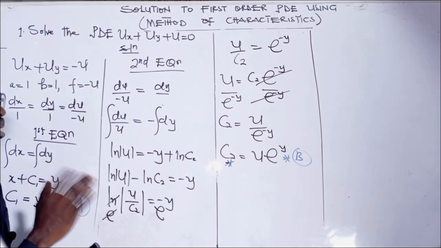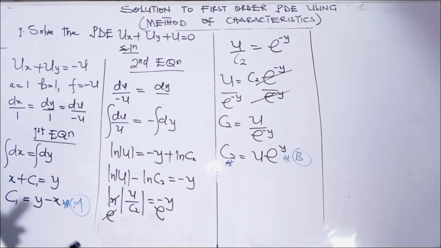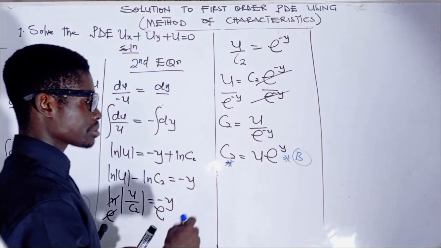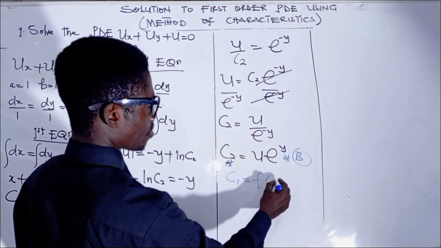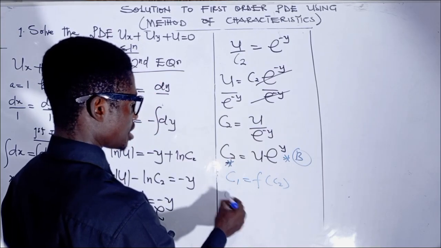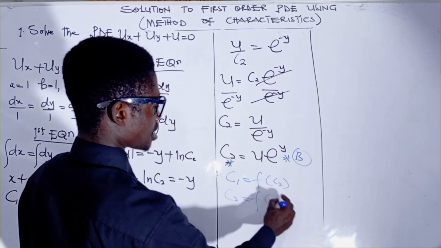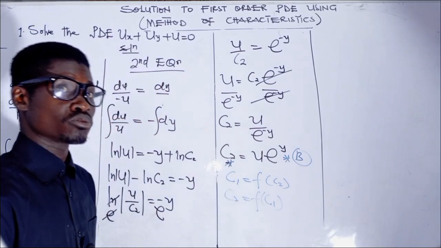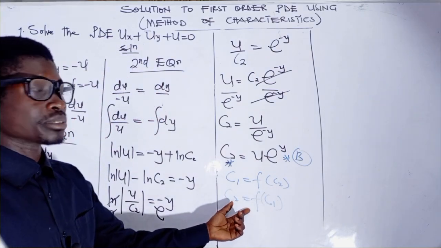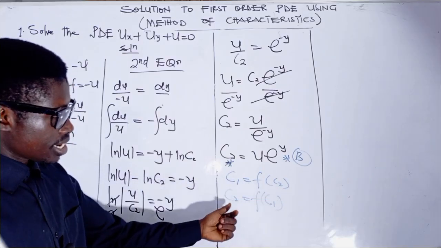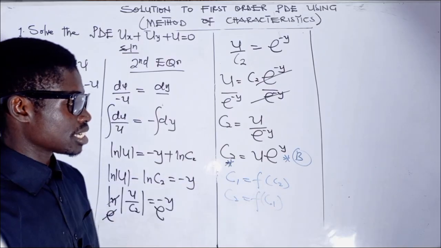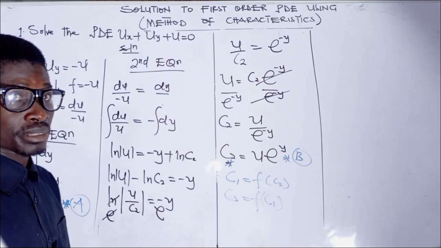In merging them, one becomes a function of the other. So you can say that c1 is a function of c2, or c2 is a function of c1. When you have two solutions, one becomes a function of the other. Any one of them is accepted, okay?